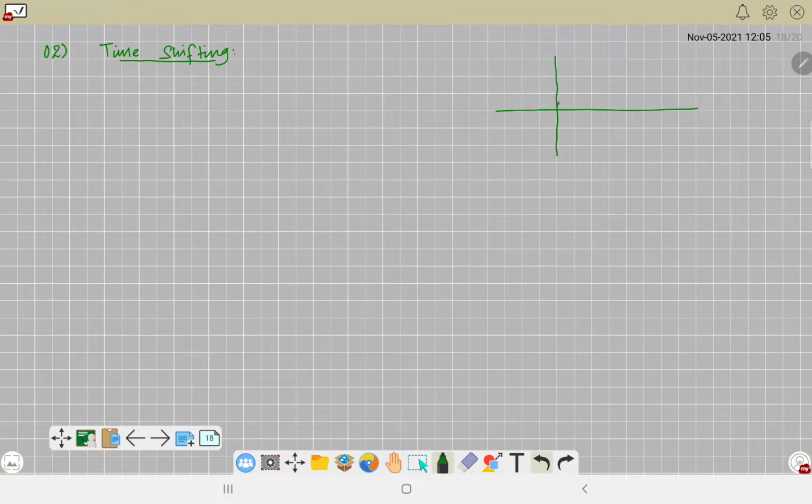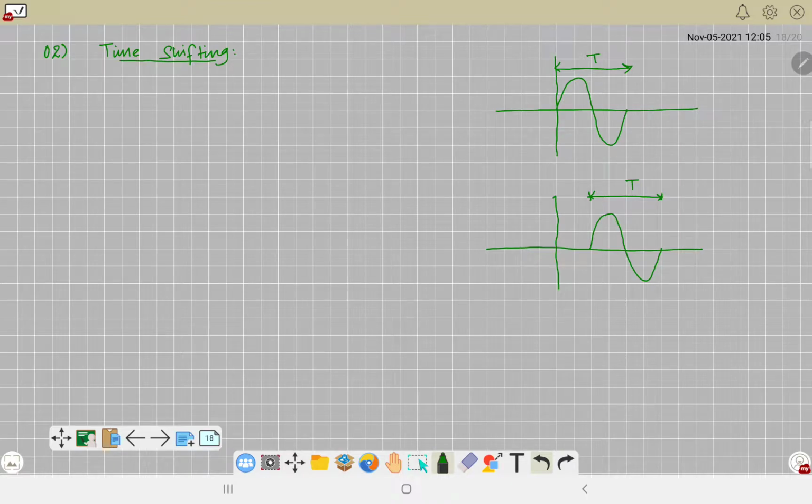So if this is my sinusoidal signal, this is its time period, say T. Now if I shift it either to the right or to the left, let's suppose I have shifted it like this, the period still remains the same, right? So time shifting does not alter the period of the signal.